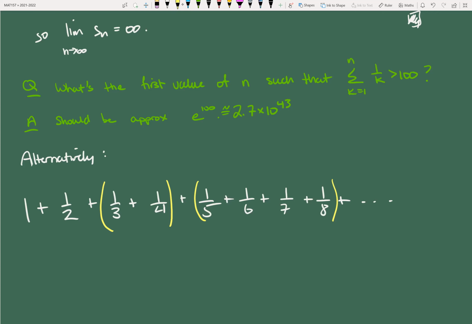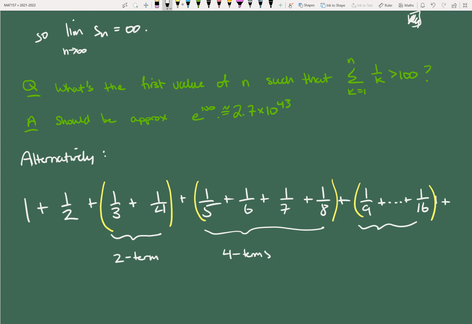Maybe let me write out the next terms, 1/9 plus dot, dot, dot. So you're going to group terms like this. Do you kind of see the pattern? Here are 2 terms. Here there are 4 terms. Here there are 8 terms.